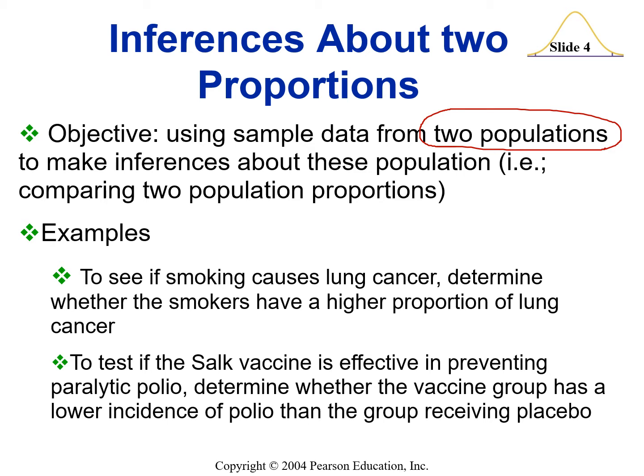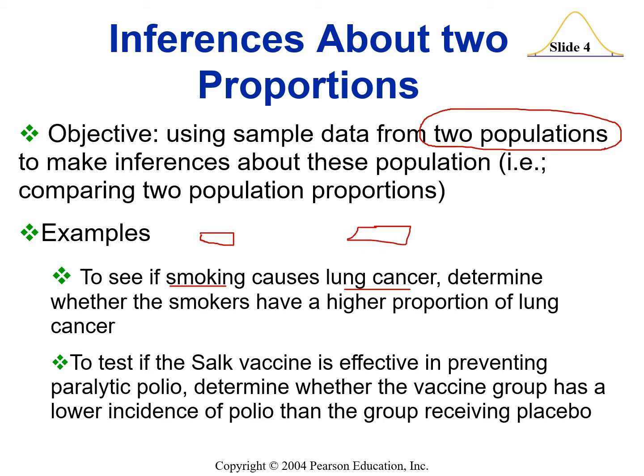For example, to see if smoking causes lung cancer. So we have two different populations in this example. Population 1 contains smokers, population 2 non-smokers.